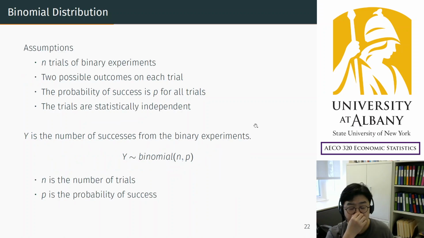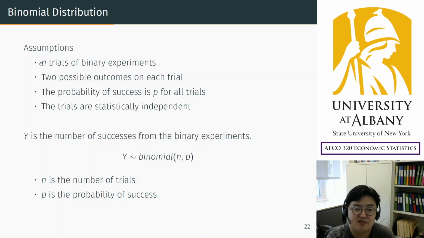Here I'm going to add more assumptions. It is a more complicated structure, so we need more assumptions. First, we assume that there are n trials of binary experiments. One question is one experiment. You are randomizing question by question, and on each trial there are only two possible outcomes.